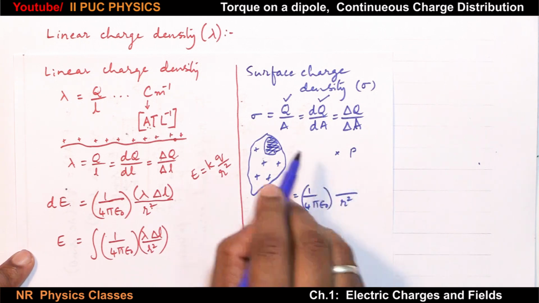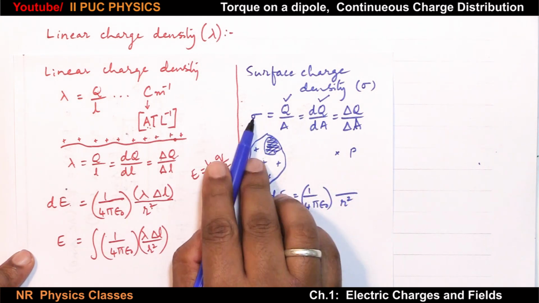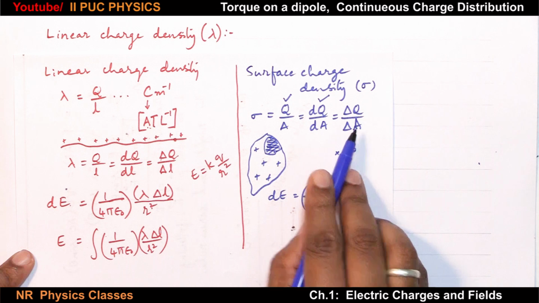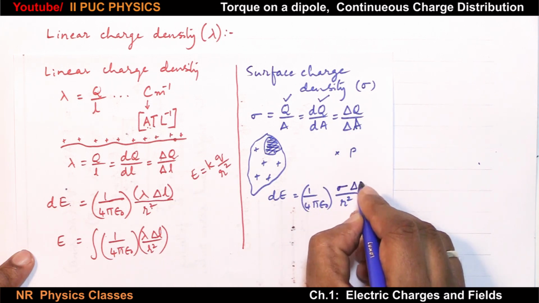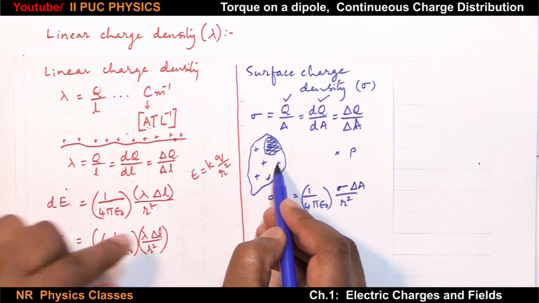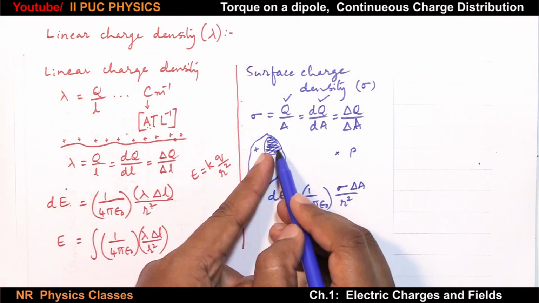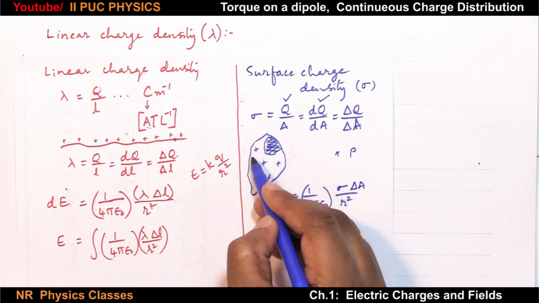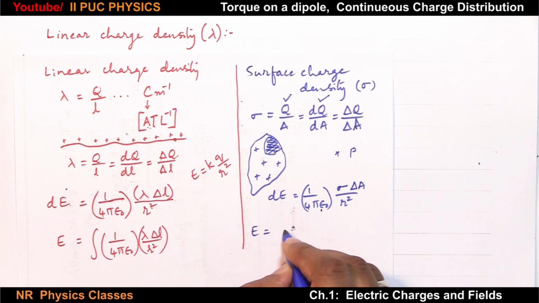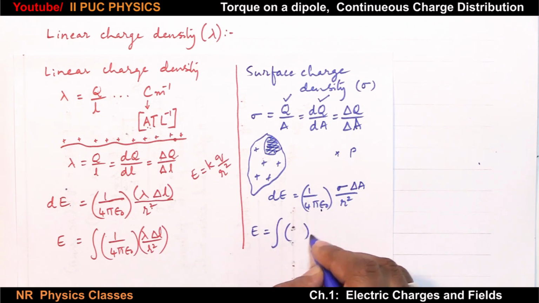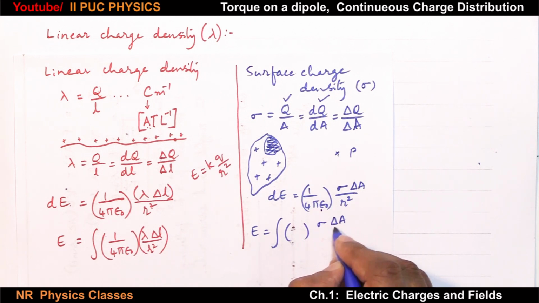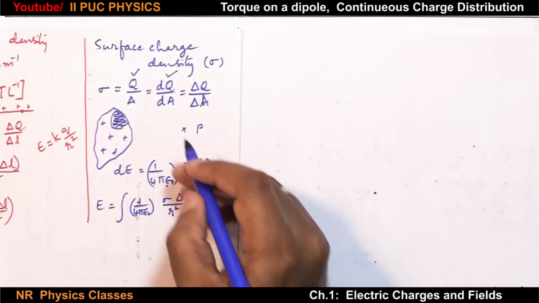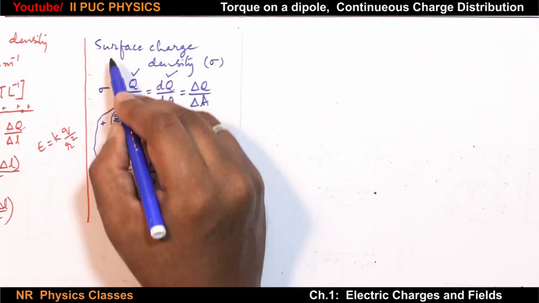In place of charge, you can write sigma into dA, or if it is delta q, sigma into delta A. Because of this charge, electric field at P is given by this equation. Because of total charge, we have to integrate this equation, sigma into delta A by r square, with 1 by 4 pi epsilon naught. There is similarity, very easily you can write.